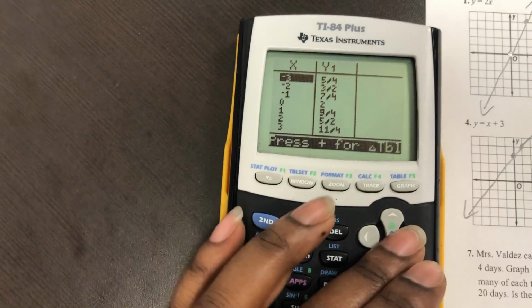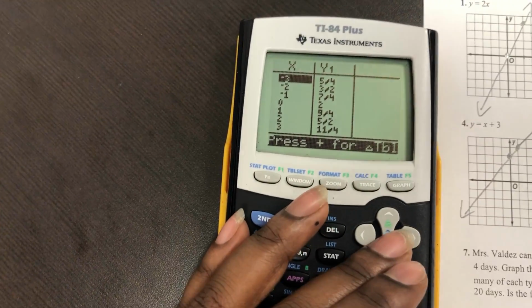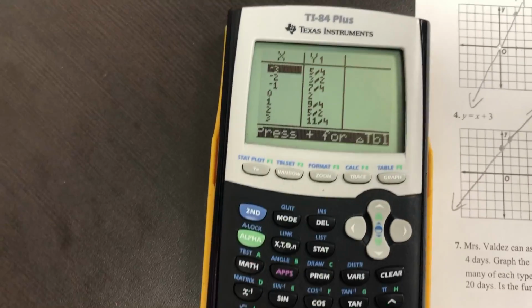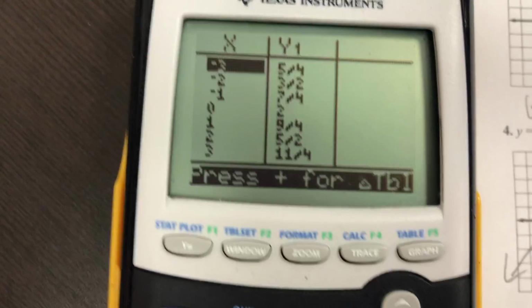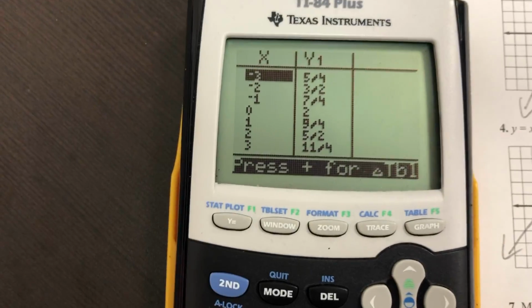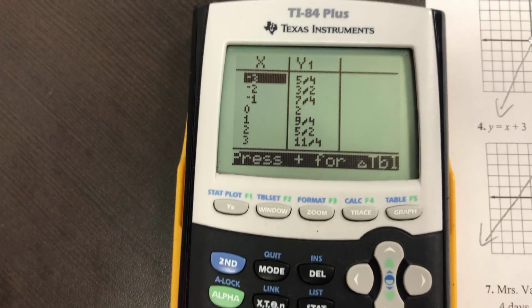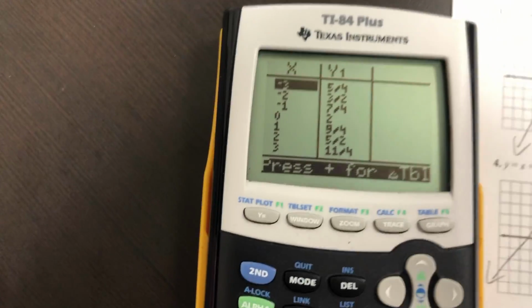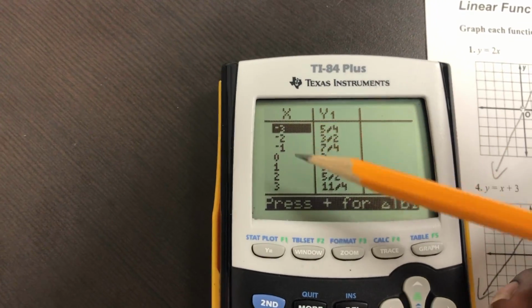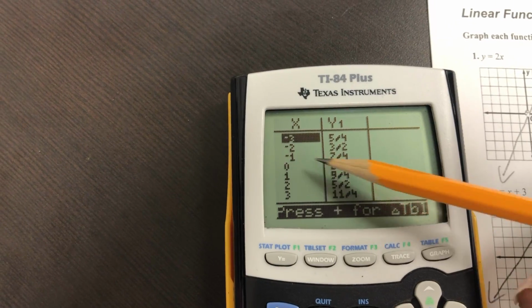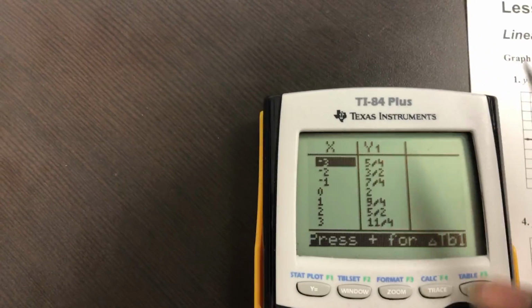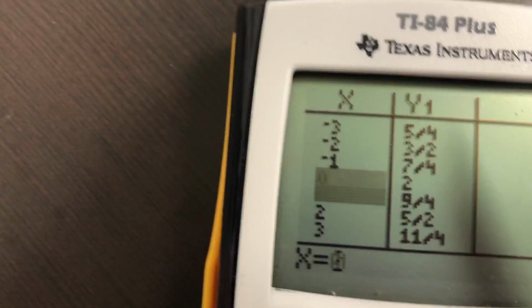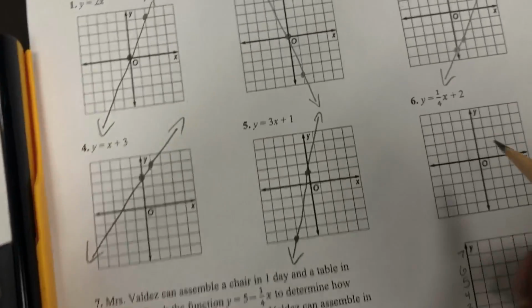All right, so if you look here, it's giving me some fractions, all right? Me personally, I hate dealing with fractions, I really do. So just like we can skip around on the table and find 2 points like normal with whole numbers, I'm going to do the same thing anytime I have fractions. So I'm first going to make sure I put in my y-intercept, which is at 0 and 2.